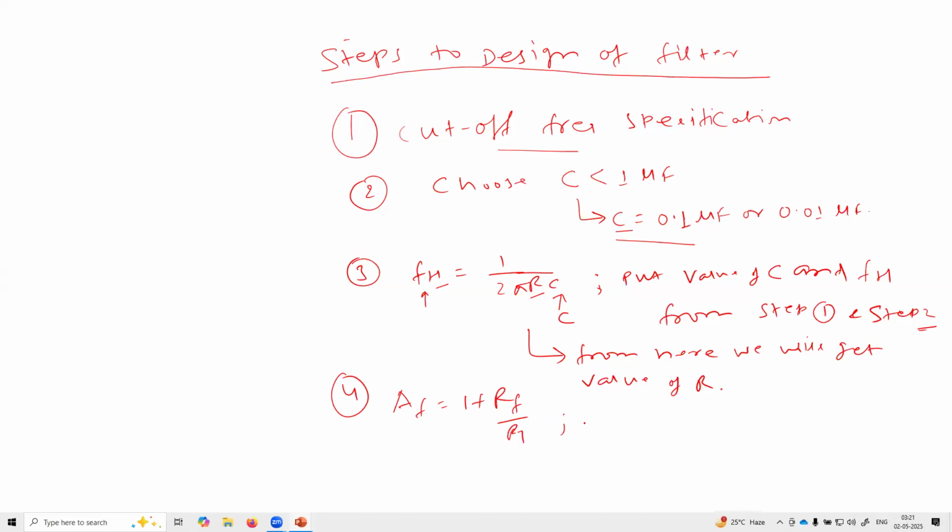Here we have to decide the values of RF and R1 according to our gain. Okay, so write it here.